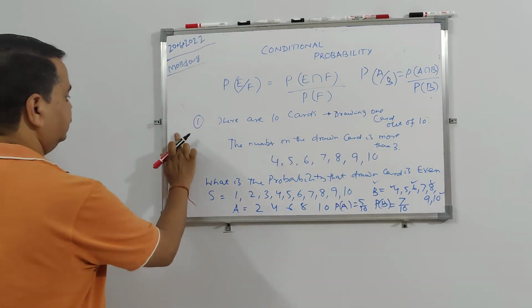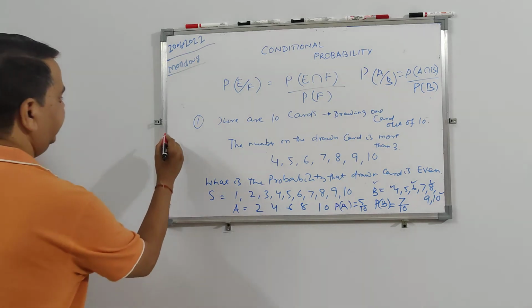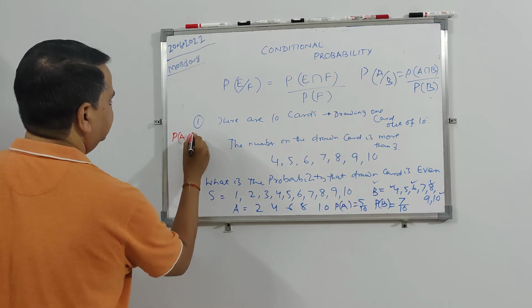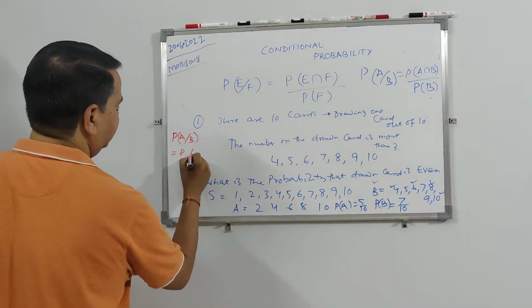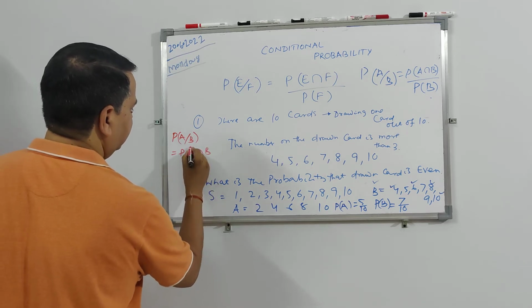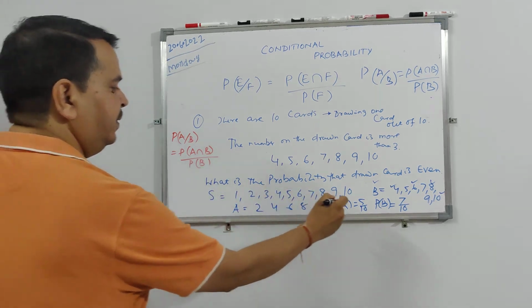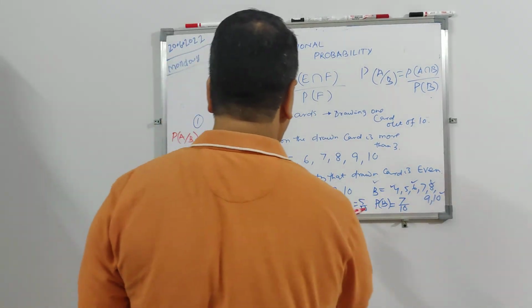Okay. So here we can write it as P of A given B is equal to P of A intersection B divided by probability of B. So we have got P(A) and P(B), and what is the intersection between A and B?